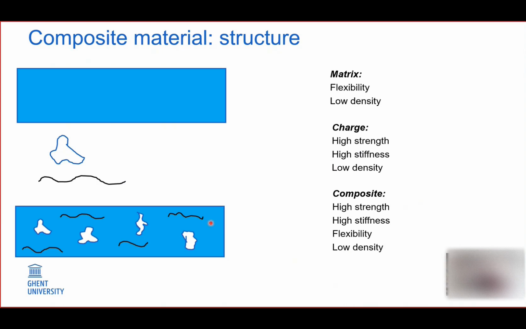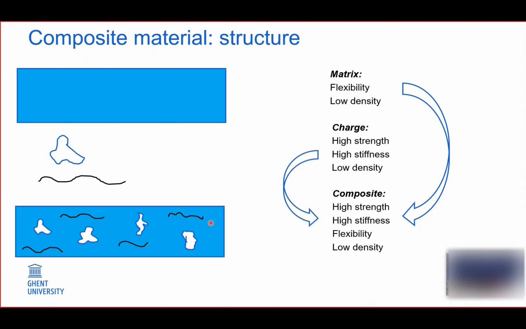When they are separate, the material properties can be different. But when they are united, the composite itself gets something superior. So the matrix introduces stiffness or flexibility, and the charge or the reinforcement introduces higher strength and better material properties.